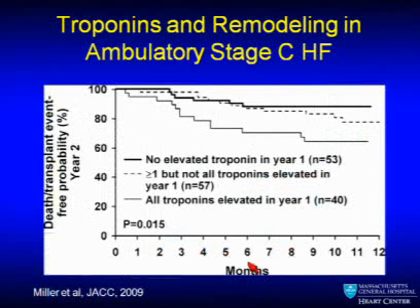Now, while one marker is useful for stratifying risk, it turns out that as with everything in life, things can change. So when looked at serially in patients with heart failure, these are data from Wayne Miller and Dr. Jaffe looking at patients with heart failure followed in an ambulatory heart failure clinic with blood tests for troponin measured at baseline and then at some time in follow-up.